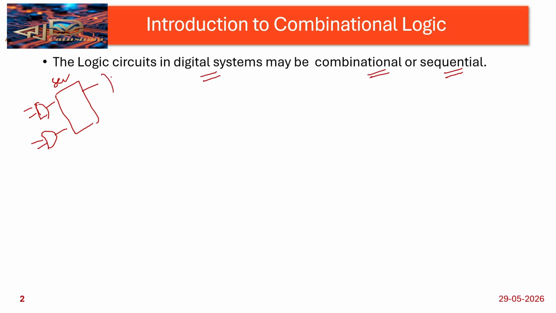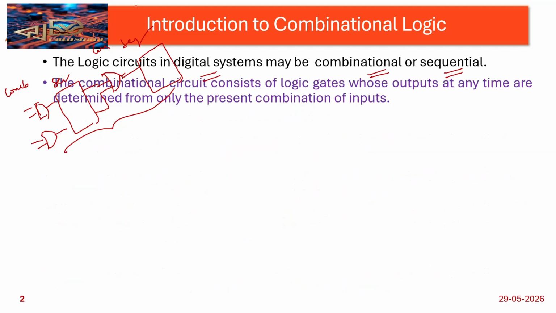This is another combinational circuit I am taking, and then this output is again connected to another sequential circuit. So any digital circuit is a combination of combinational circuit, sequential circuit, combinational, sequential. In this format, we will design our hardware. That is the basic thing.